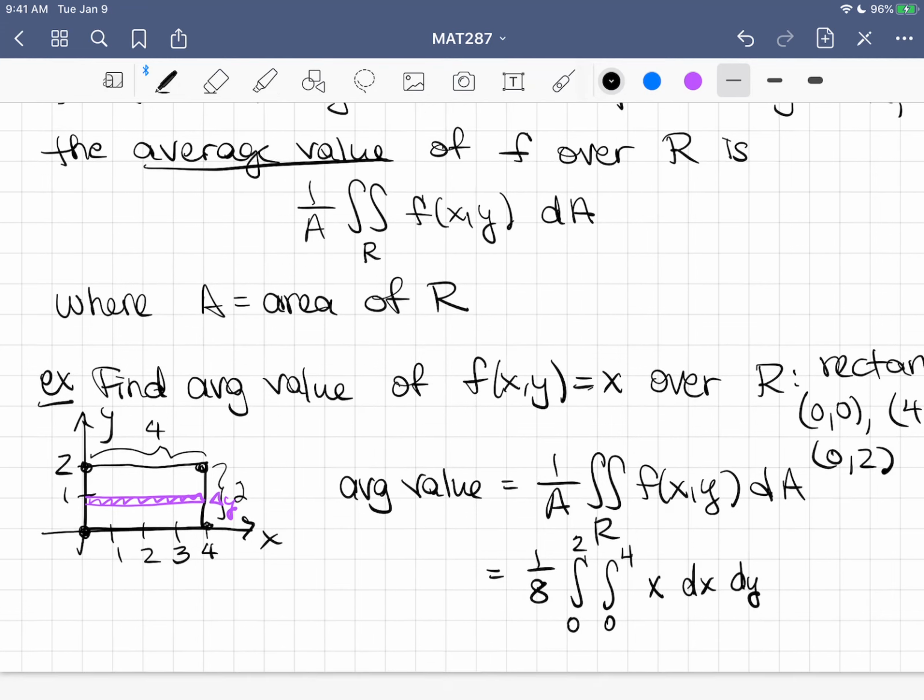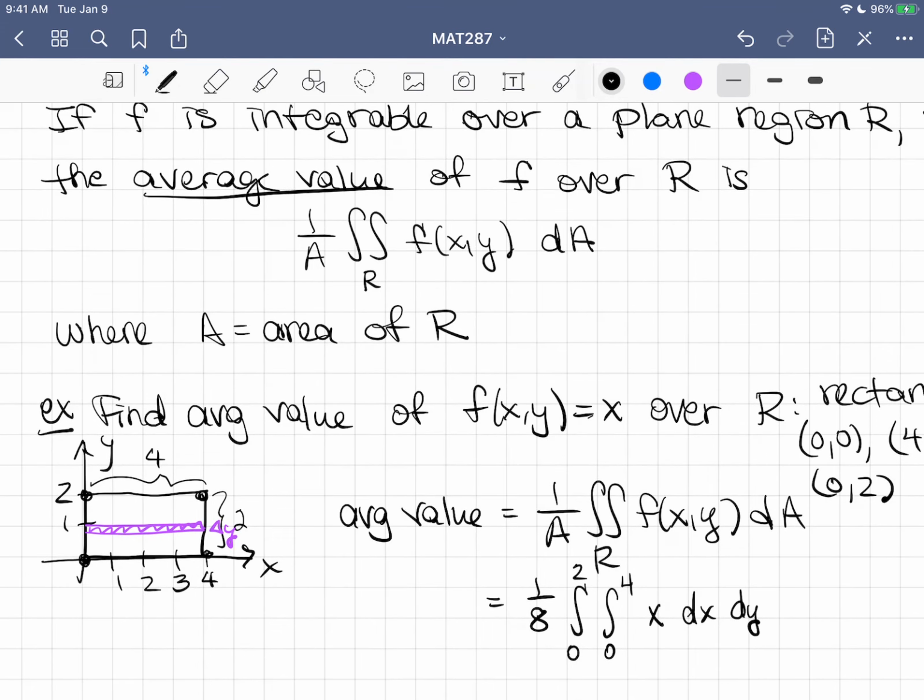All right, now we've done several of these, and hopefully you've tried even more in WebAssign, and so I'm going to assume that you can do this one without too much trouble. If you get stuck, let me know. But what you should get here is 2. So the average value of that function over this rectangle is 2. And that makes sense, right? So this is f of x y equals x.